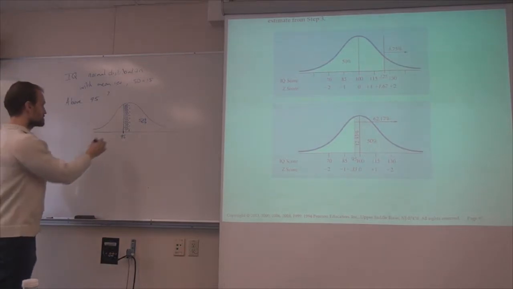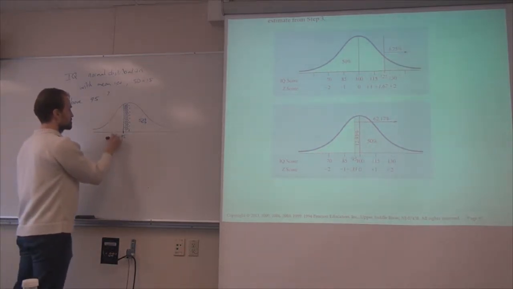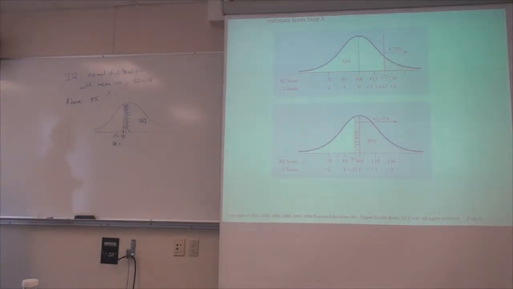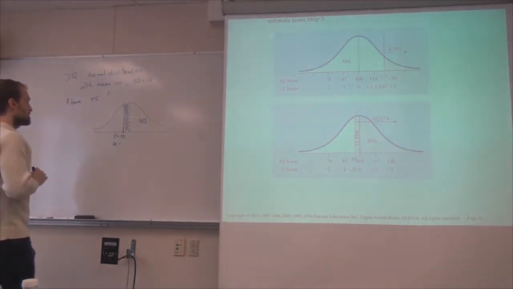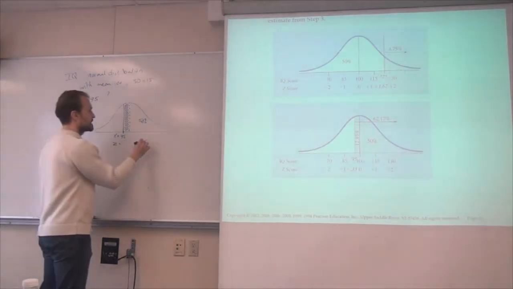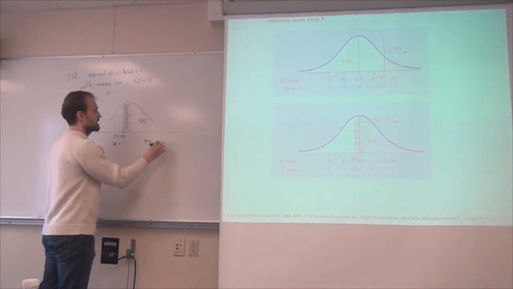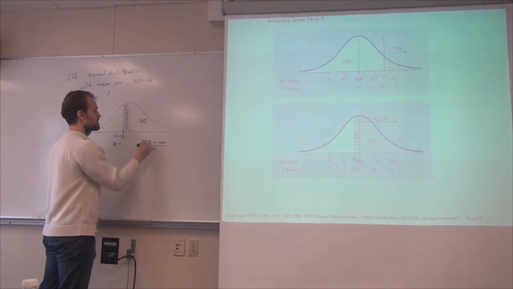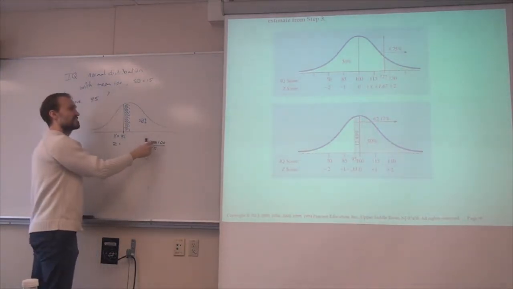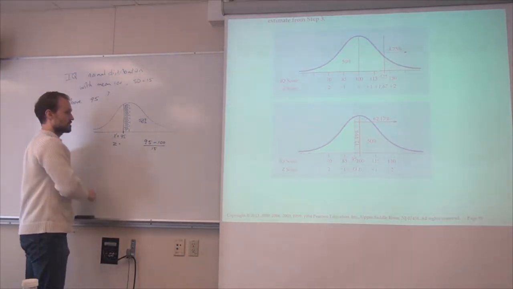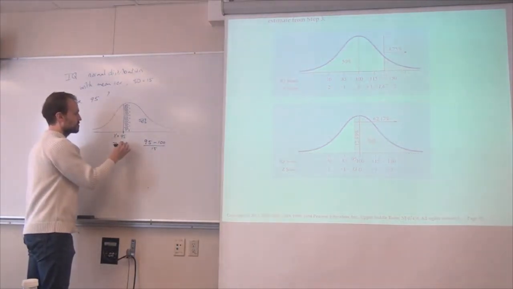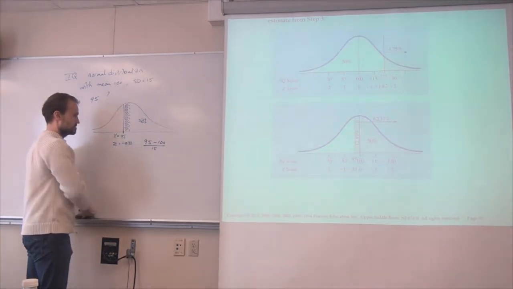So, let's convert this to a z-score first. What is the z-score going to be? How do I find that negative 0.33? Well, 95 minus 100 over 15. 95 is less than 100, so that's where I get a negative 0.33.